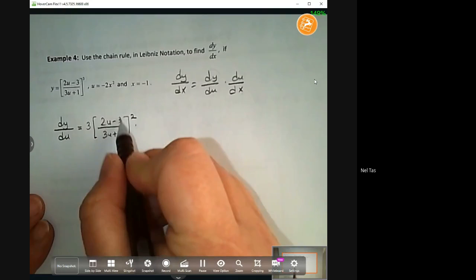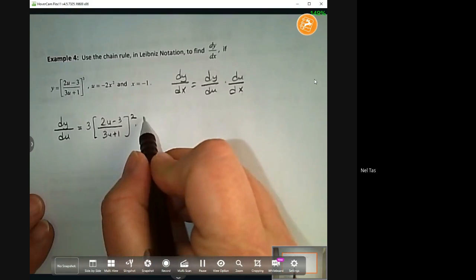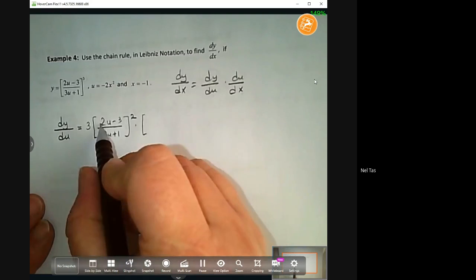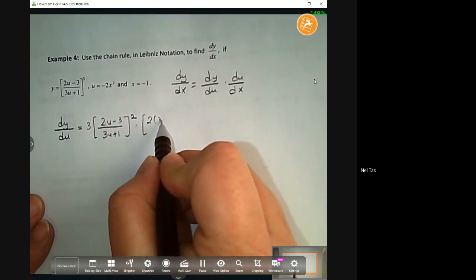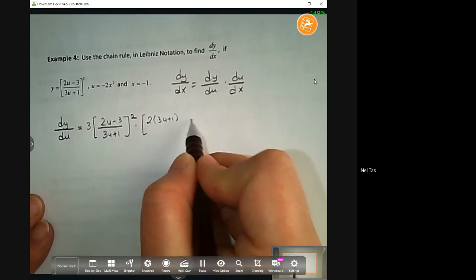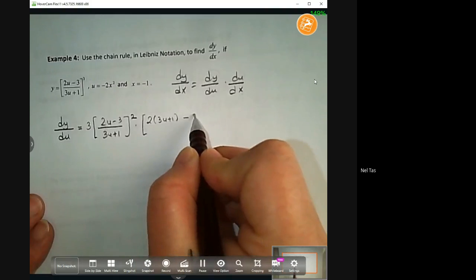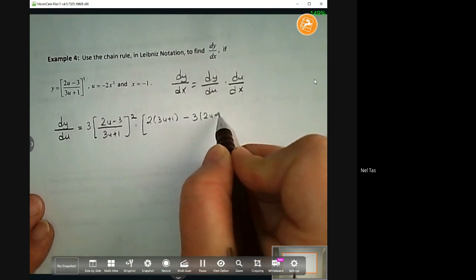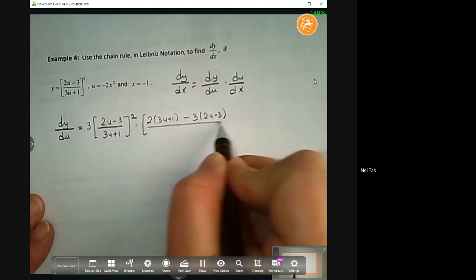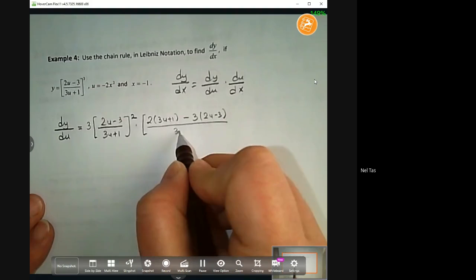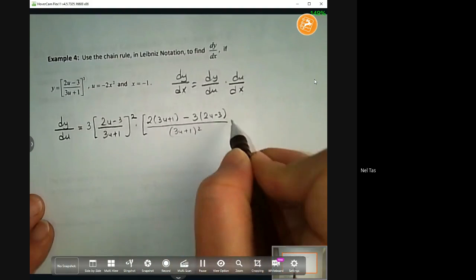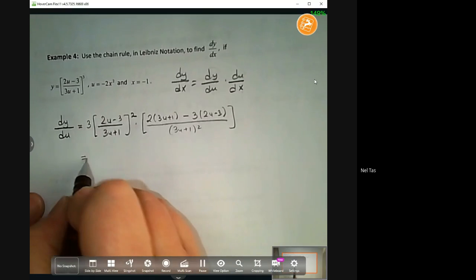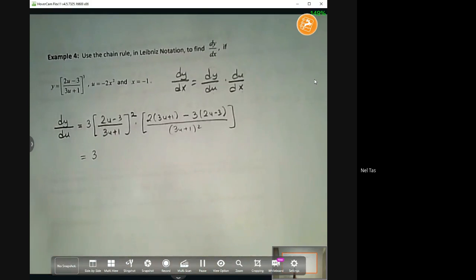So when you take the derivative of inside, now you need to apply the quotient rule: the derivative of numerator times denominator minus derivative of denominator times numerator over square of the denominator. So let's simplify this.